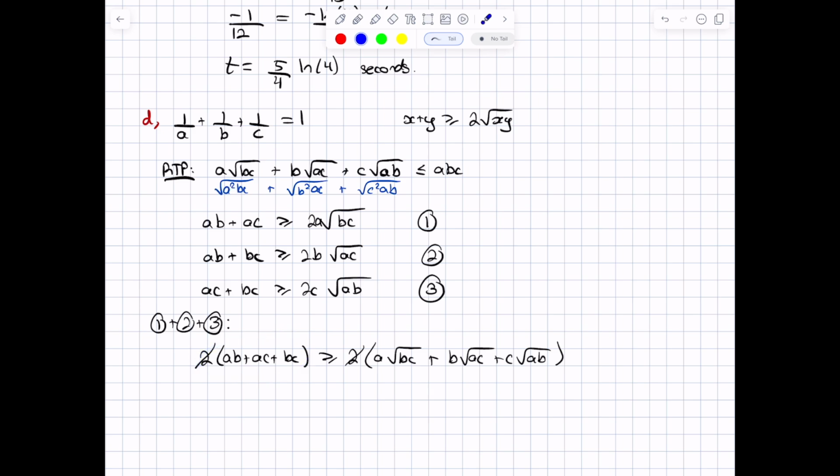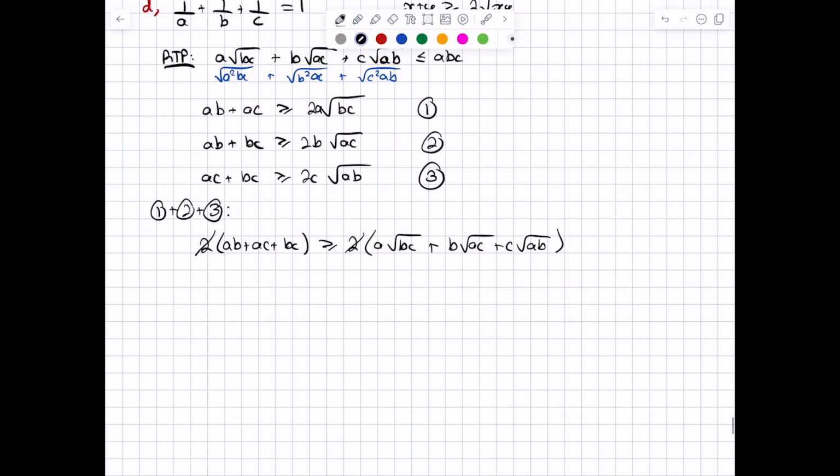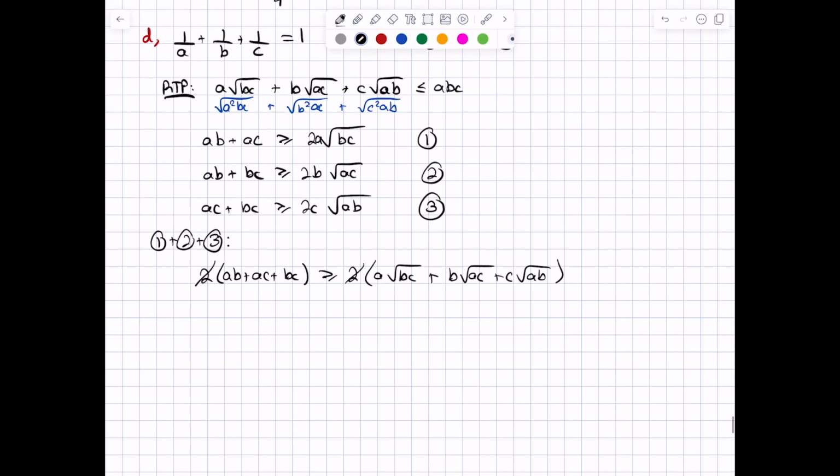But the only bit of information I haven't used is this condition that they've given us. However, because I'm familiar with the polynomials topic from Extension 1, and often we're asked to find the sum of the reciprocals of the roots, I know that when I clear off my denominators here and multiply everything on both sides by abc, we're going to get the sum 2 at a time, which is this, equal to the product.